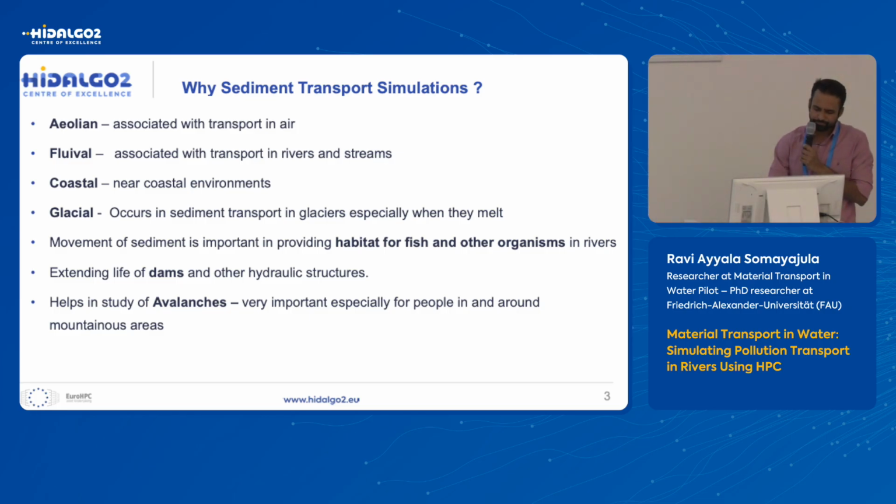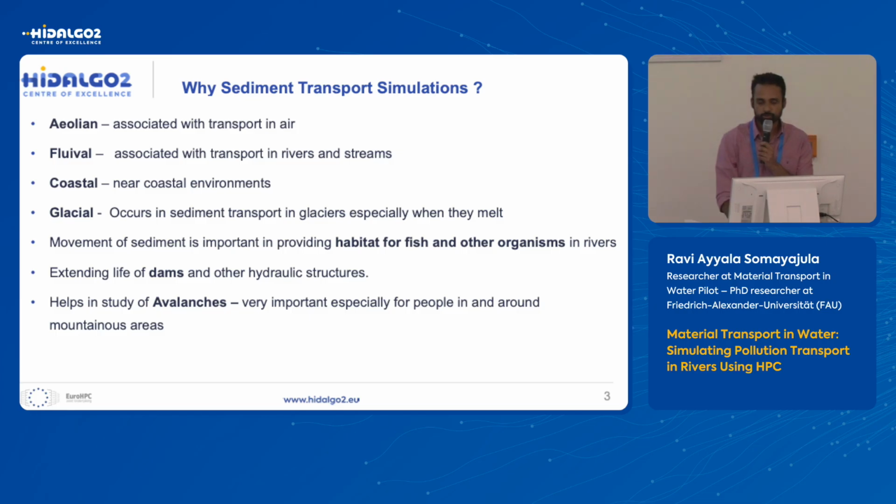The movement of sediment is very important, especially for fish habitats and for other organisms that live in the rivers, and for extending the lives of dams and other hydraulic structures, because sediments are responsible for erosion and things like this.